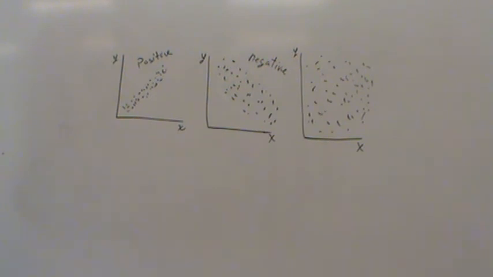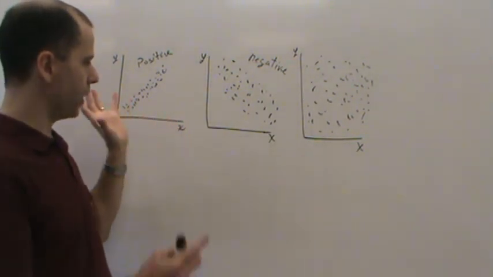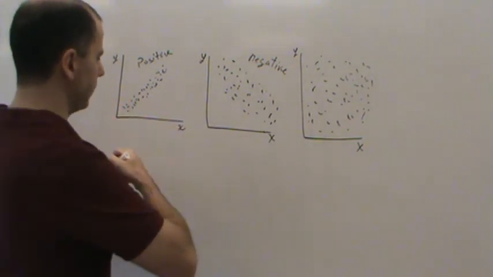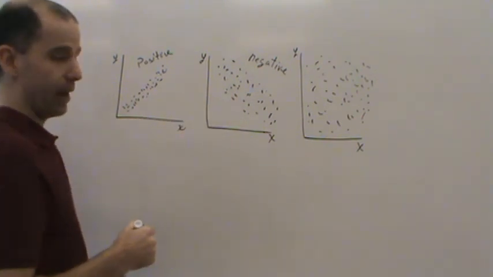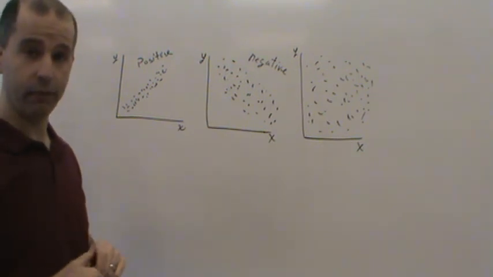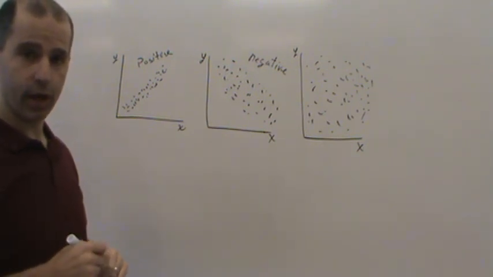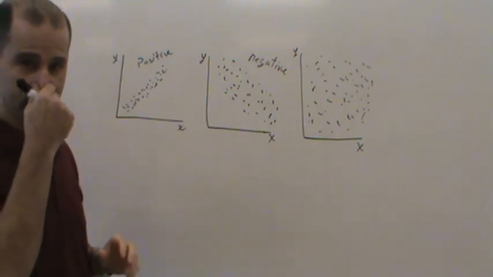So next time, we're going to talk about how we quantify these values. Once we see that we have something like this or this, how do we measure that relationship? How do we measure and quantify the strength of that relationship? And we're only going to talk about linear relationships, not nonlinear ones.